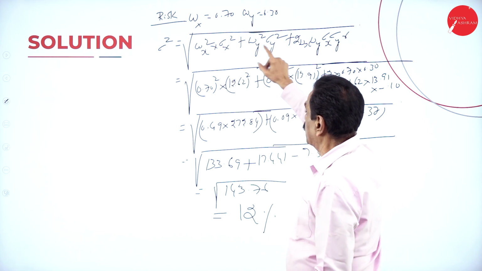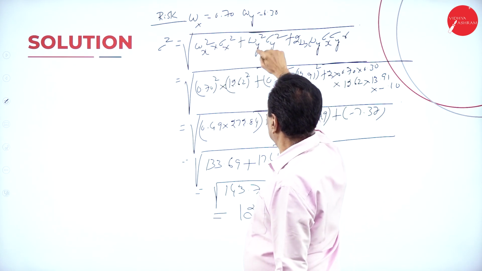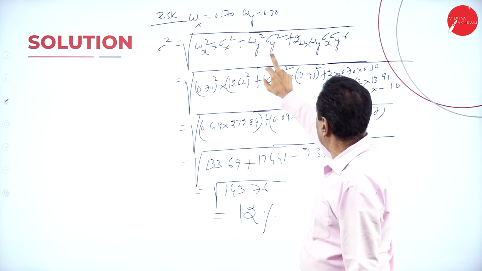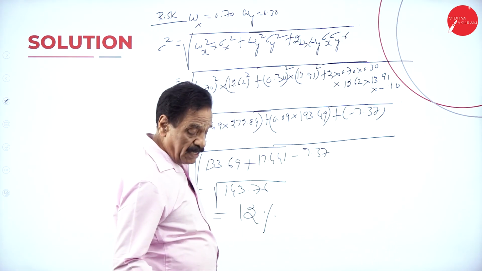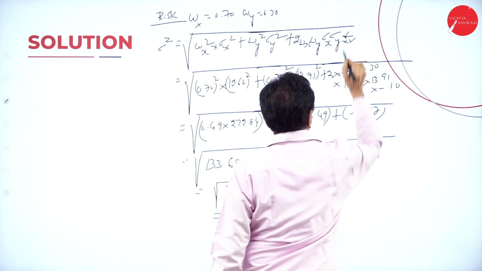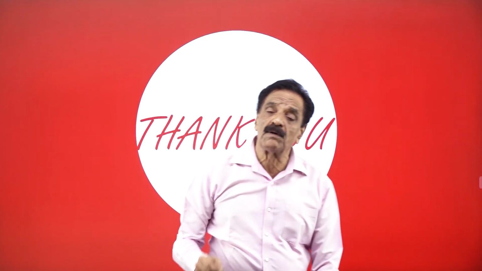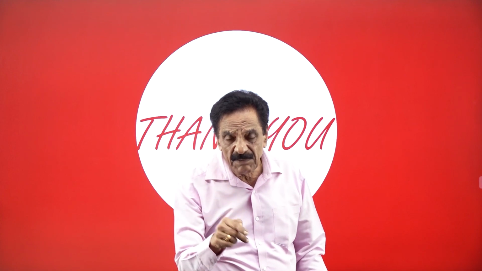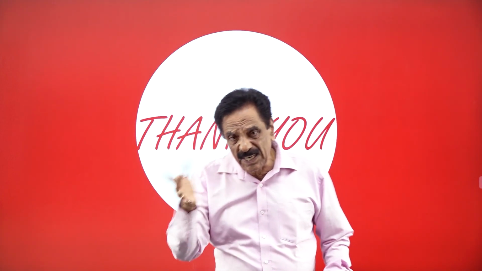So this equation: Wx whole square, standard deviation x whole square, Wy whole square, standard deviation y whole square, 2 into Wx, Wy, standard deviation x, standard deviation y into R. Hope you understand this. So you have solved the problem with standard deviation, covariance, correlation, and risk and return.